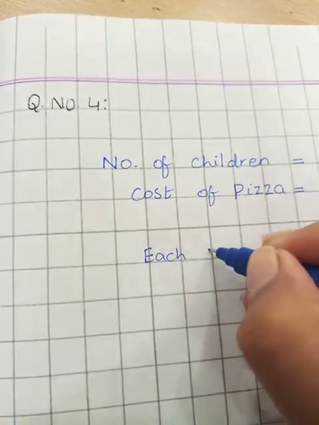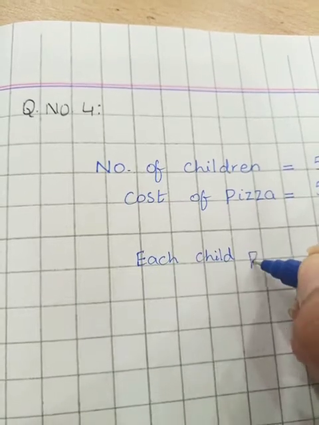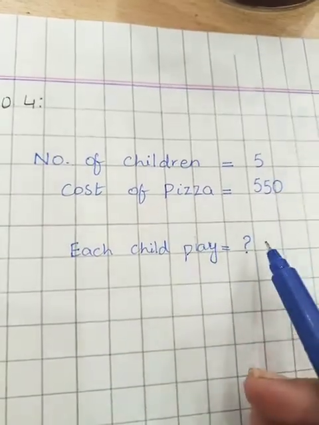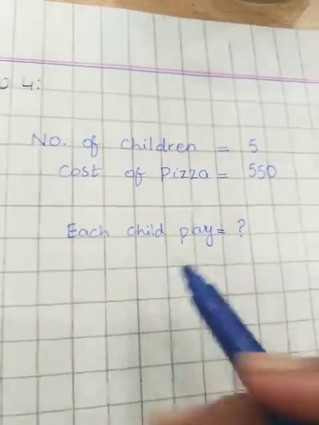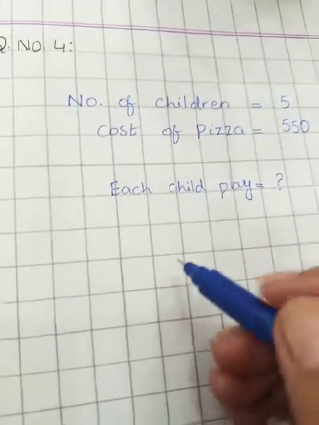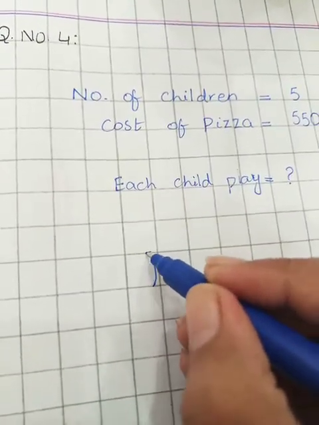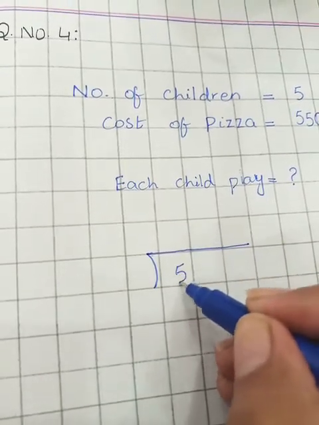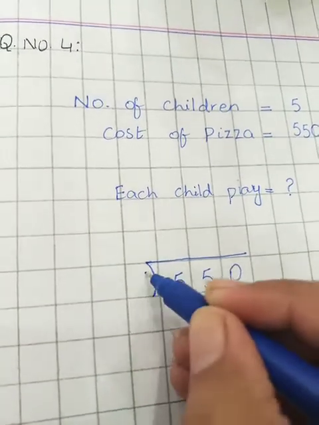How much amount will each child pay? That is our question, and we are going to find out how many rupees each child will pay. Okay students, let's do our solution. Here we are going to divide our dividend, that is 550, by our divisor, that is the number 5. Now students, let's do our division.